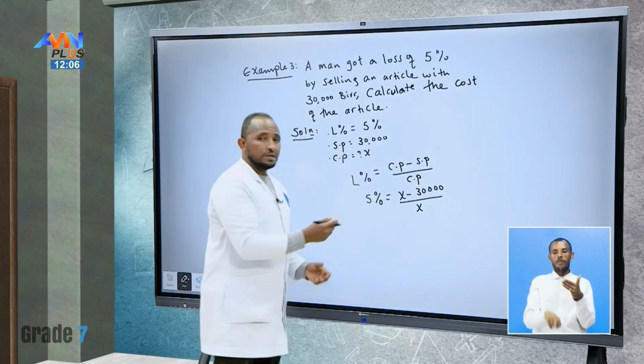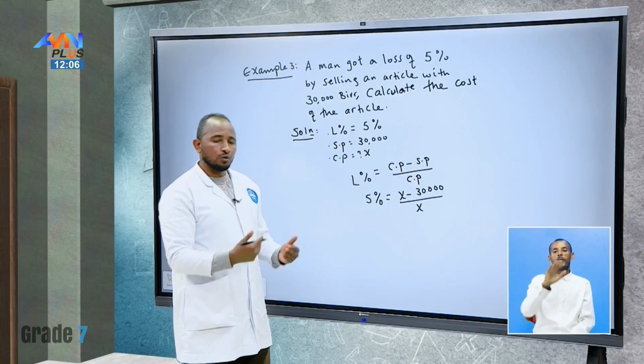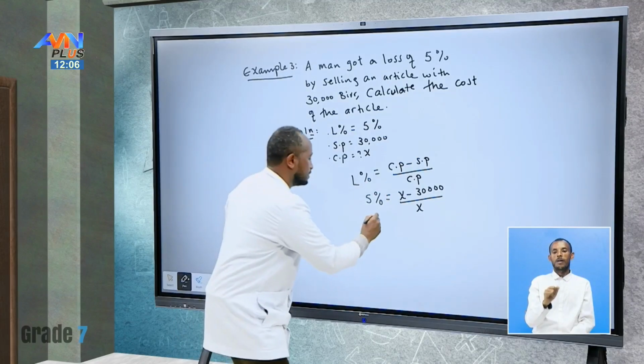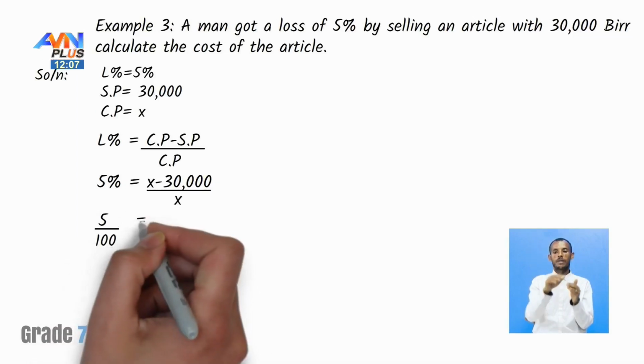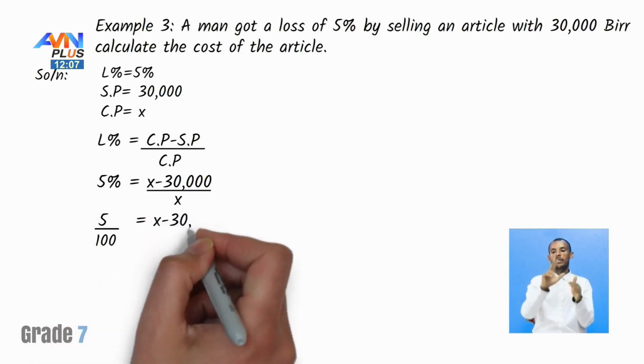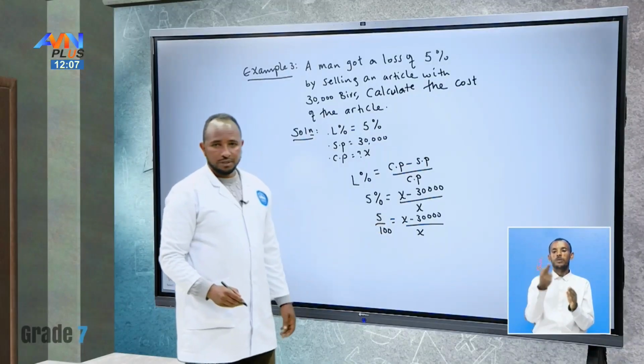So 5% when you convert this into fraction form, it means 5 out of 100. Therefore, this is written as 5 over 100 is equal to x minus 30,000 divided by x. Now, let's apply cross multiplication.